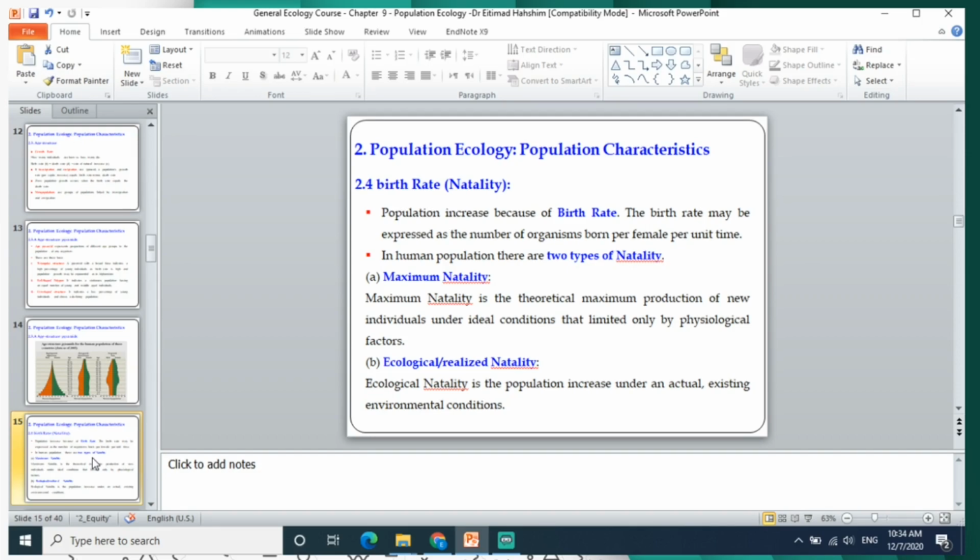And realized natality, or ecological natality, is the population increase under actual existing environmental conditions. The maximum natality is controlled by physiological conditions, but realized natality is controlled by the environmental conditions.